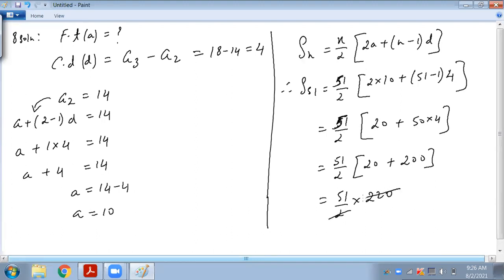We can cut it, so we're getting 51 into 110. We can multiply that, and 51 into 110 comes out to 5610.